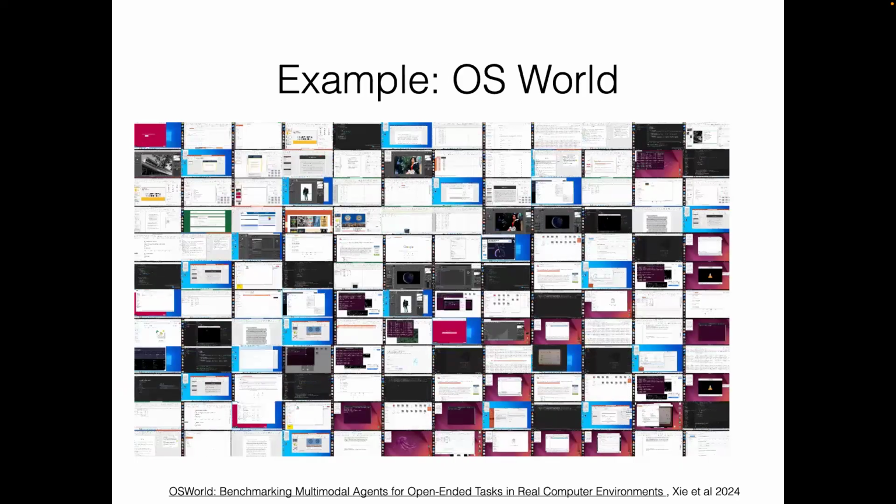It might be like, I don't know, adjust this one setting in Photoshop, something like that. But the idea is that a single agent has to be able to do things from all of these different applications. And if it solves this, of course, you could try to make the tasks more difficult.